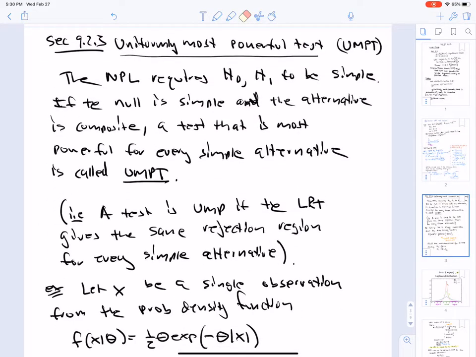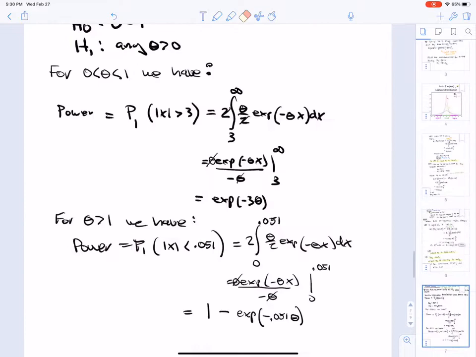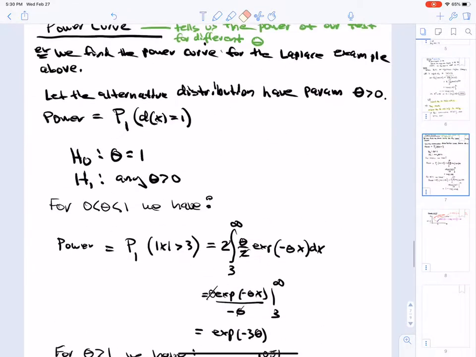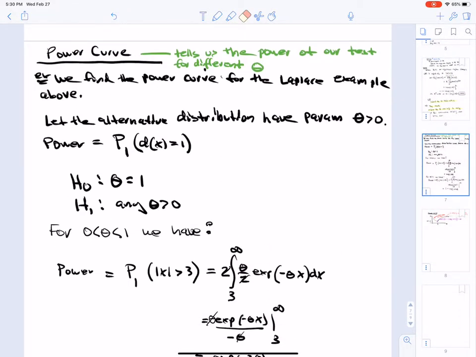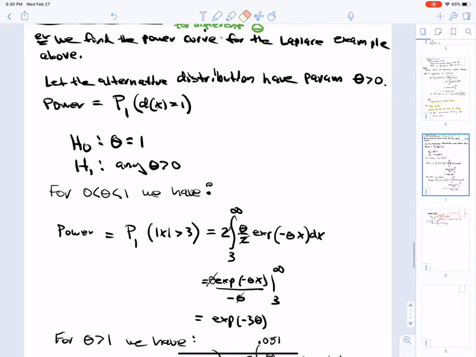So finally, we talked briefly about the power curve. This tells us the power of our test for different theta, and so for example, what is the power for any theta greater than 0?